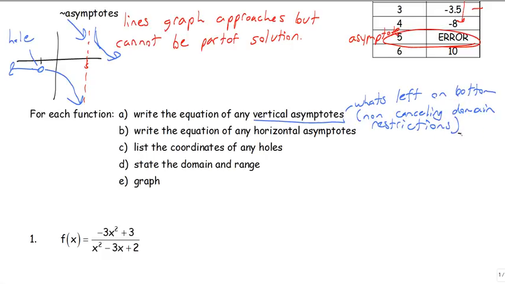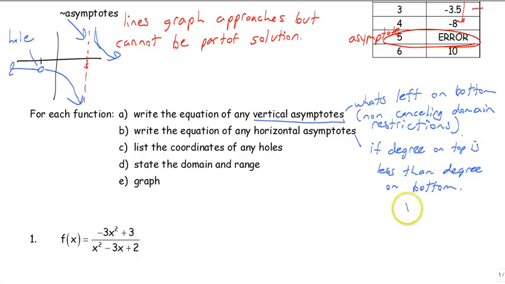Horizontal asymptotes have 3 rules. If the degree on top is less than the degree on bottom, so let's say it's x over x squared, the horizontal asymptote is y equals 0.